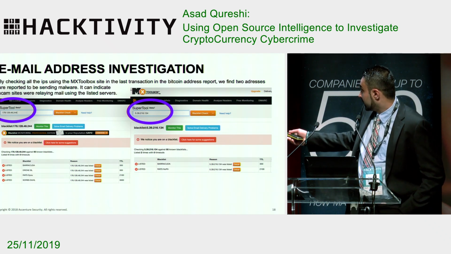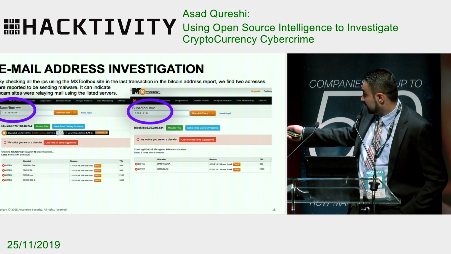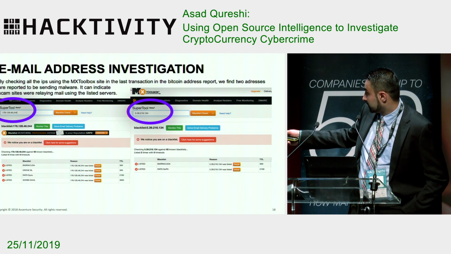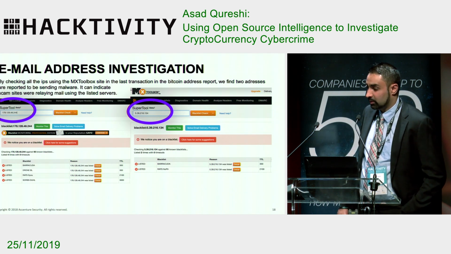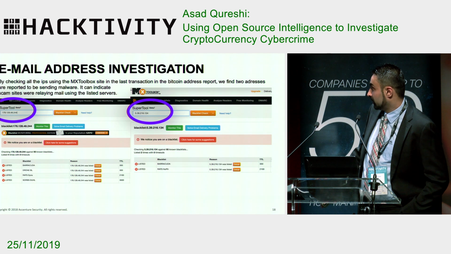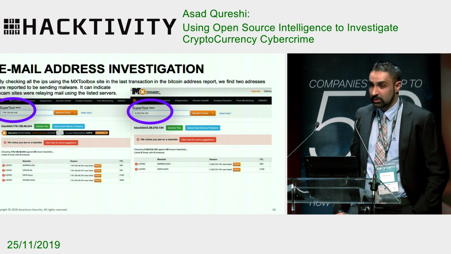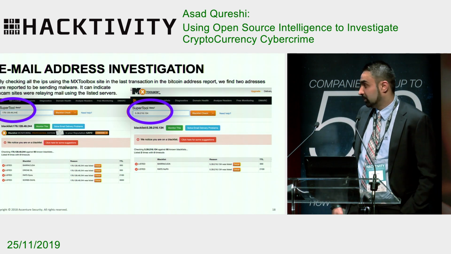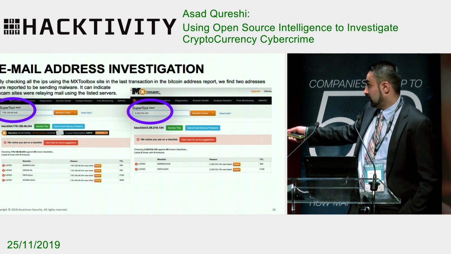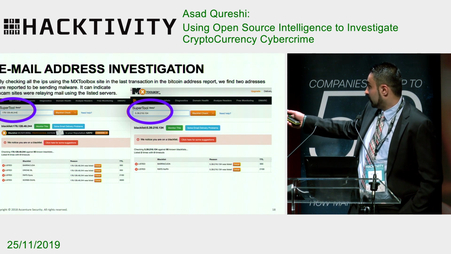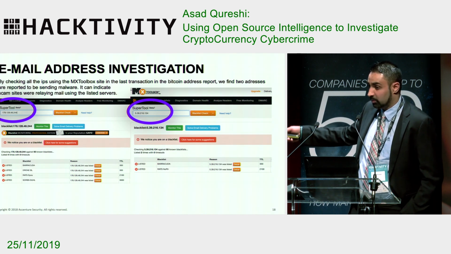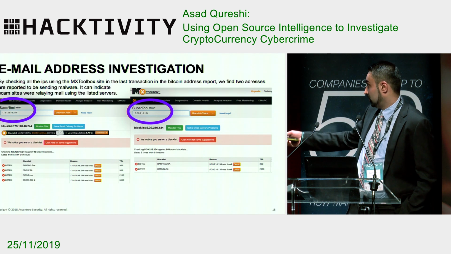So yeah, here we see the blacklist. So that means that the scam, well, it can indicate that it has been delivered using a mail server, which later on blacklisted. Somebody reported it as a scam, then it became blacklisted.